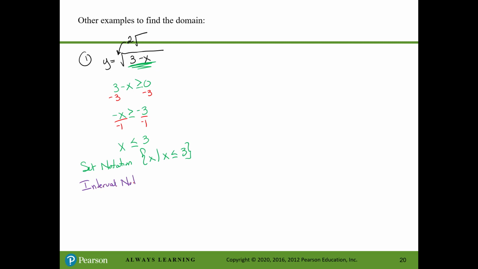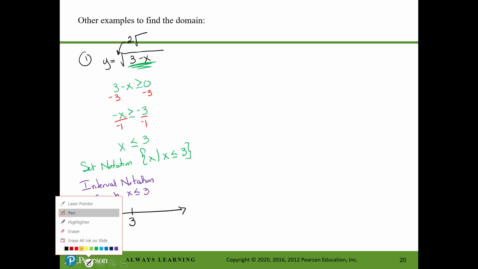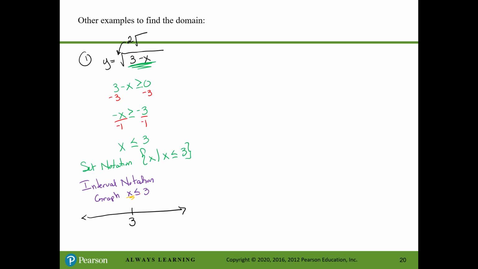Interval notation means you're going to have to, that's right, graph x less than or equal to 3. So, here's my number line, here's my 3 on the number line. And according to what you're telling me, I need x to be smaller than 3, which means these are my x's.